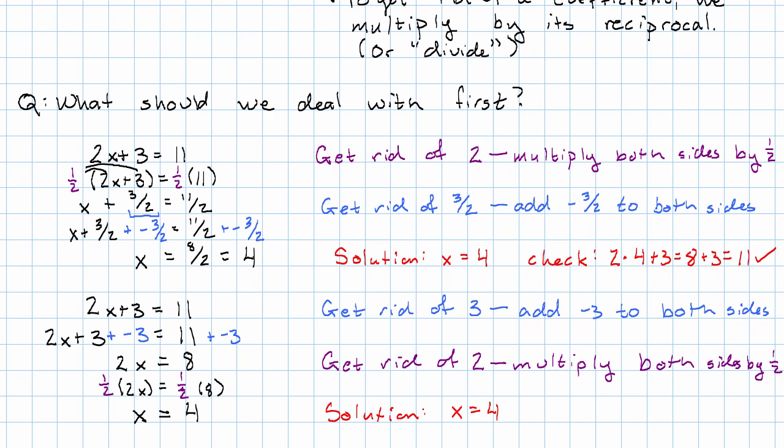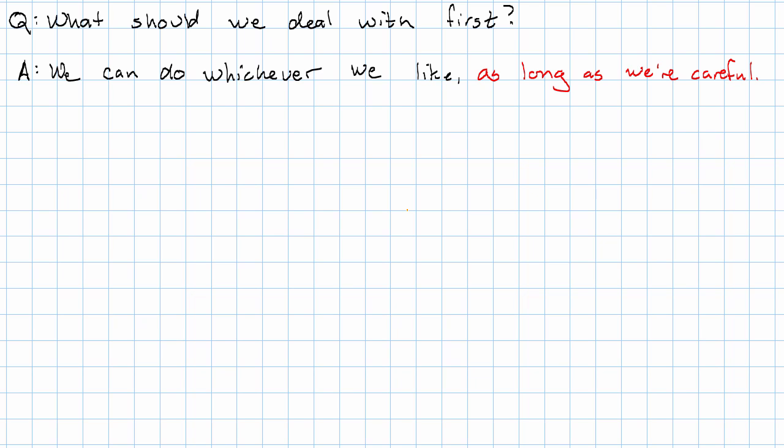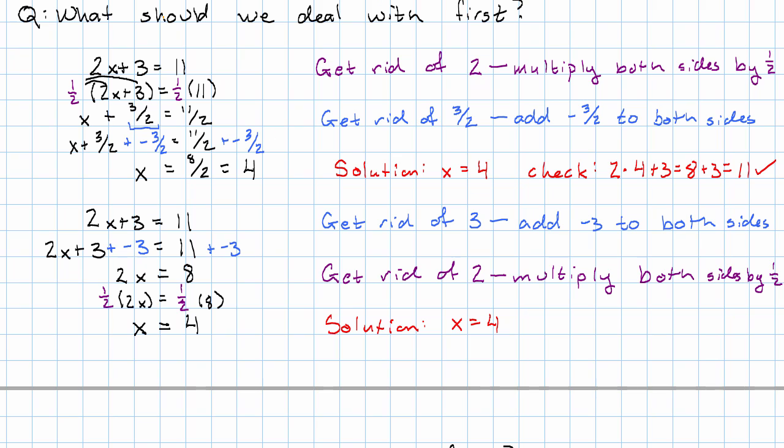Okay, what have we discovered? In answer to our question, what should we deal with first? The first thing we've discovered is we can actually do whatever we want first, as long as we're careful. However, notice how when we choose to multiply first, we need to distribute, whereas when we choose to add first, the actual steps involved are a little bit easier.